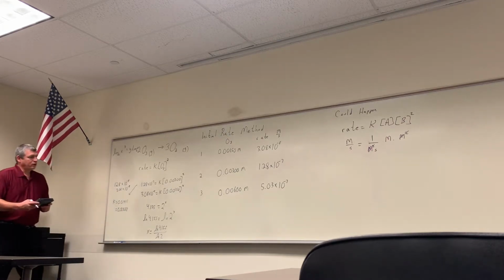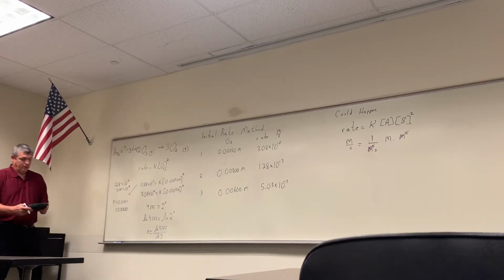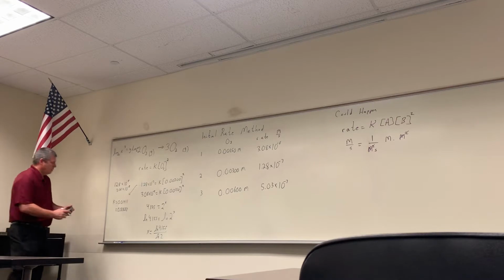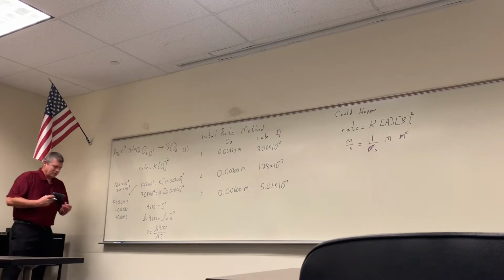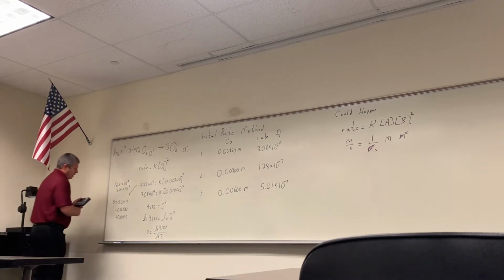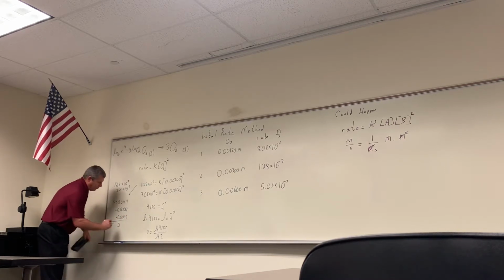And to do the third one, just to check, 5.03 to the -7th divided by 0.006 squared is 0.01397, and since this is experimental, I'll take the average of them. So that plus that plus that, I'm going to get an average k value here of 0.0139.